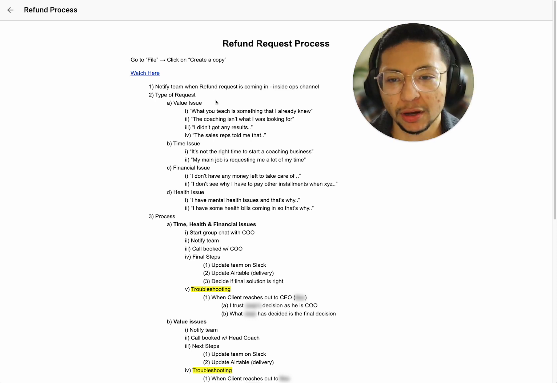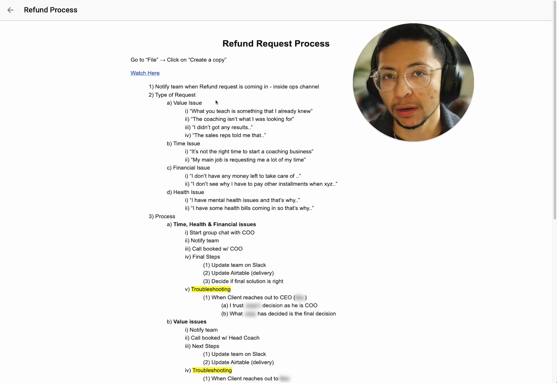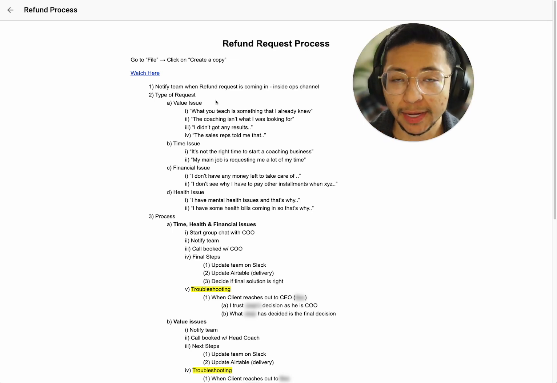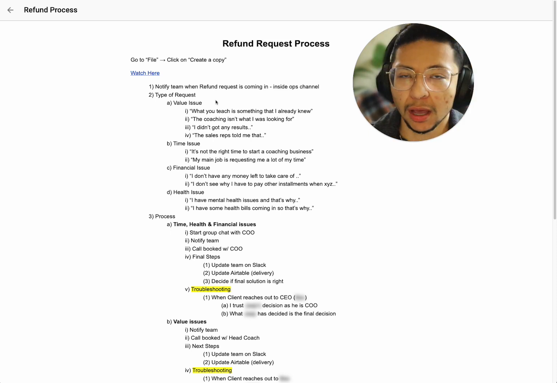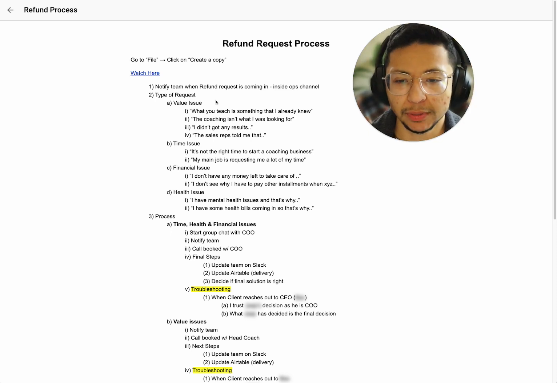But there are going to be a few occasions where the client is not able to pay due to life circumstances. There's going to be some sort of logistical issue that's holding them back.